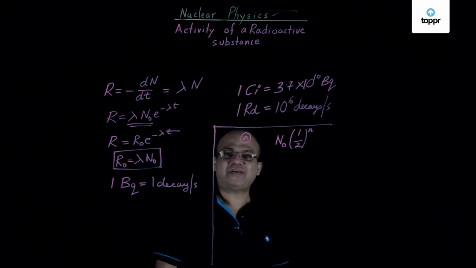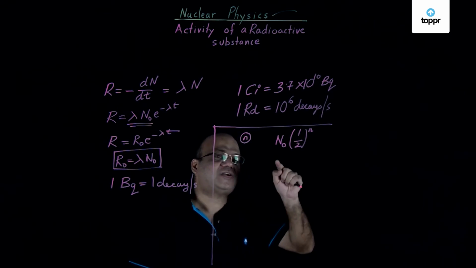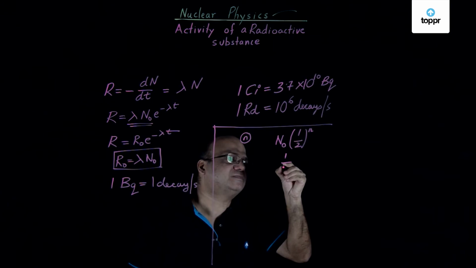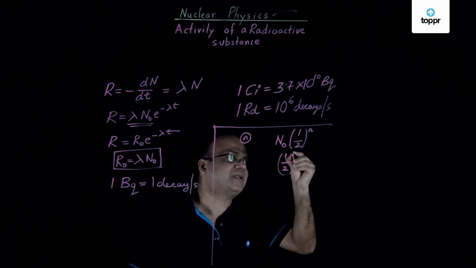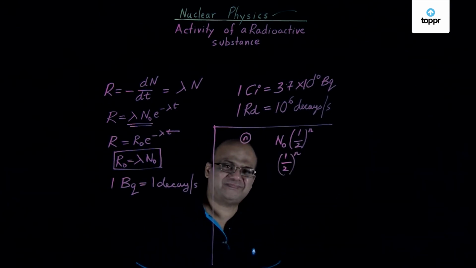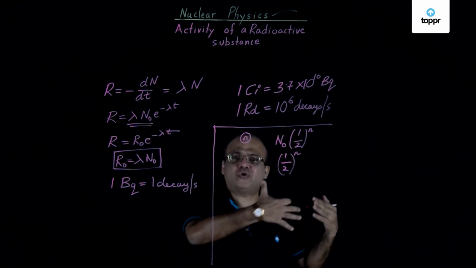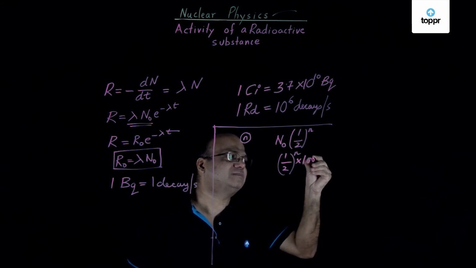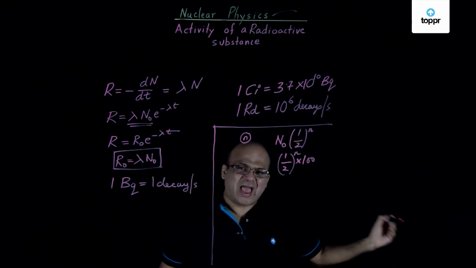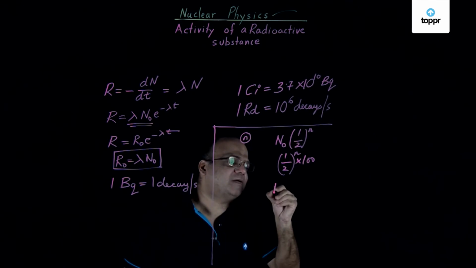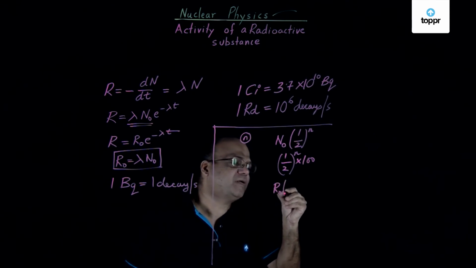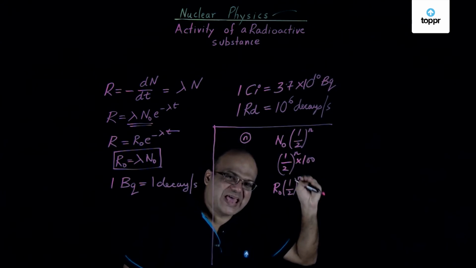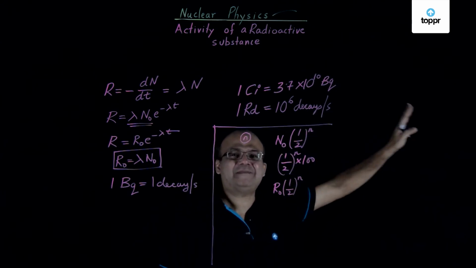The fraction of nuclei left will be half to the power n. Very obvious. The percentage of nuclei left will be half to the power n into 100. Simple. And the activity will become R naught half to the power n. Every half-life, they become half.